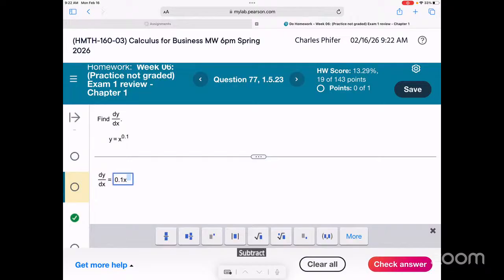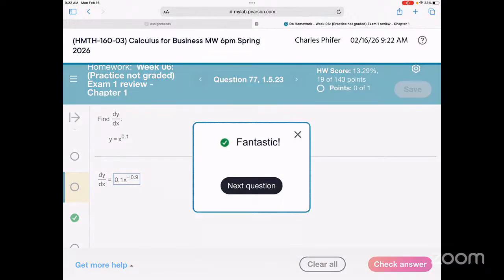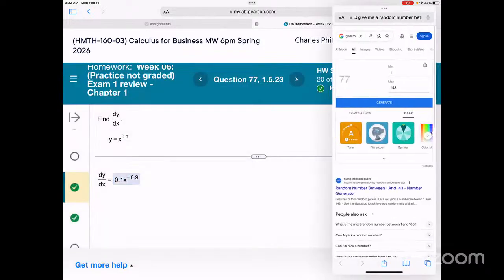Subtract 1, we get a negative 0.9. Go to question 12.